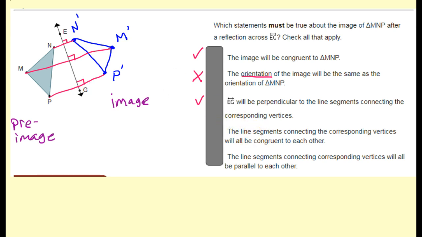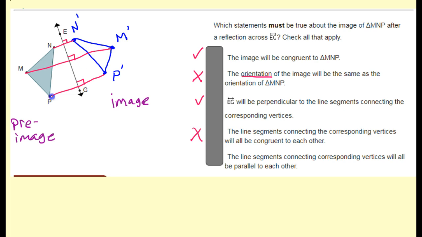What else? The line segments connecting the corresponding vertices will all be congruent to each other. Nope. Just looking at it at a glance, you can tell. The segment from N to N prime is much smaller than the one from M to M prime.